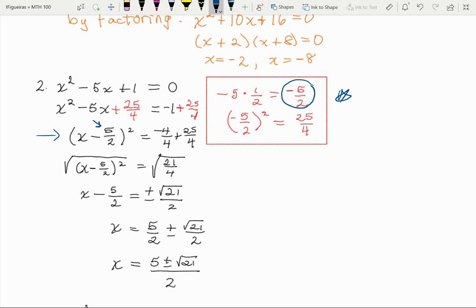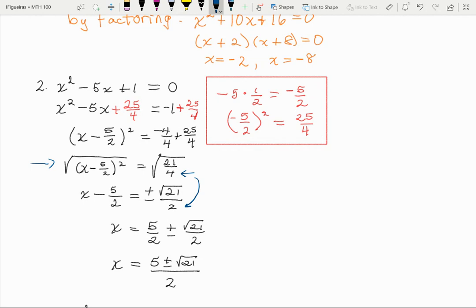So now we're ready to take the square root of both sides, which we have right here. When you take the square root of both sides, the left side becomes x minus 5 halves, and the right side becomes plus or minus root 21 over 2, because the square root of 4 is 2, so that changed there.